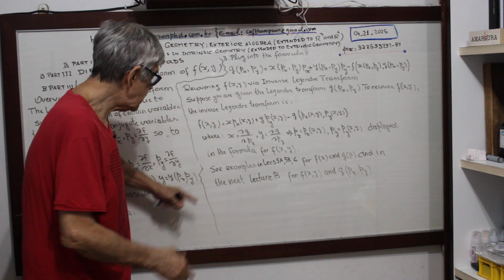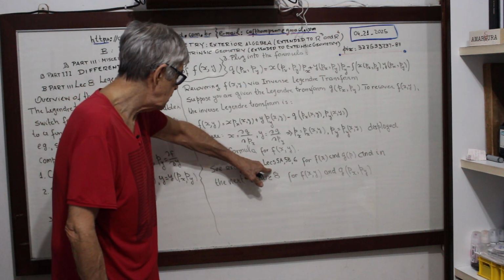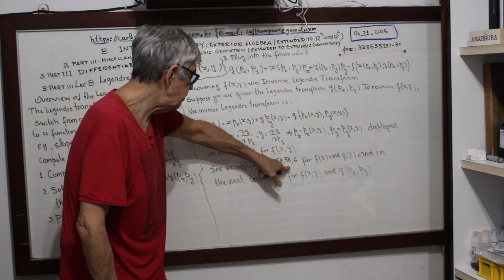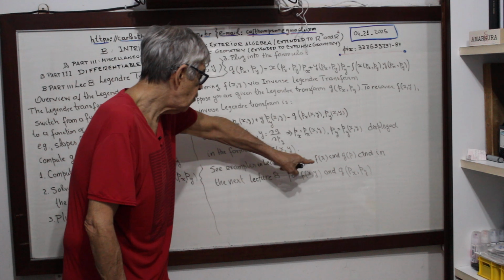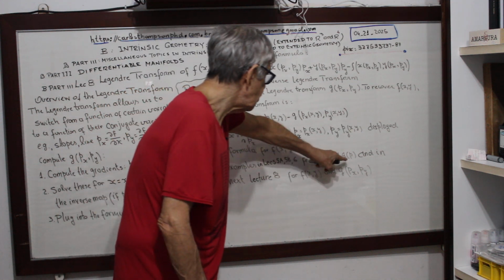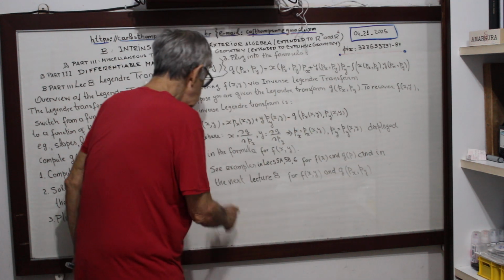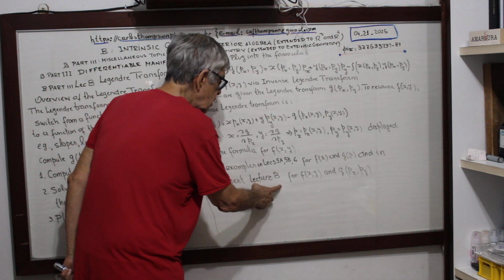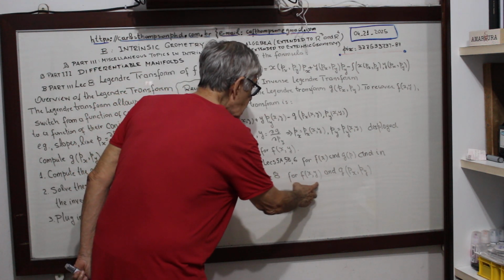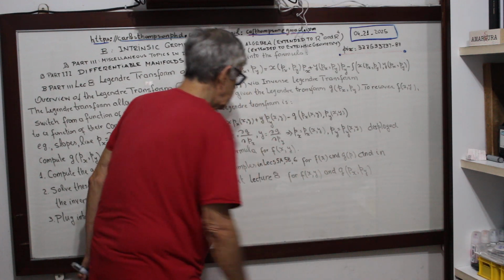Now, as I said, see examples in lectures 5a, 5b, and 6 for f of x and g of p, and in the next lecture 8 for f of x and y and g of px and py.